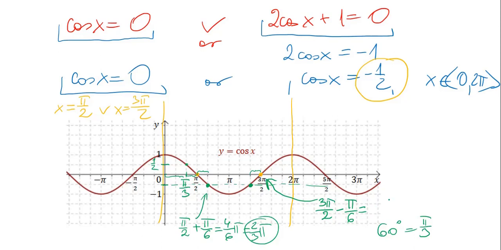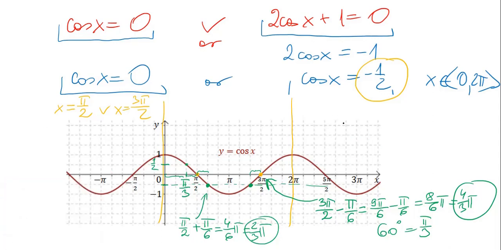We have to multiply by 3, so it is 9 pi over 6 minus pi over 6. So we have 8/6 pi, which gives us 4 over 3 pi. Okay, so we have 2/3 pi and 4/3 pi, and then we have 3 over 2 pi.